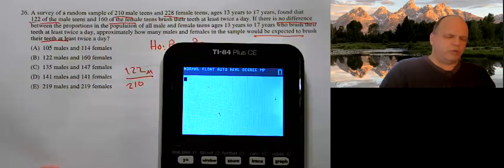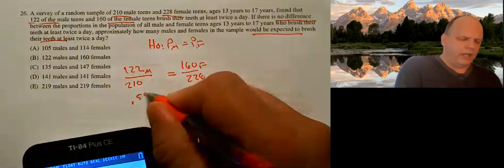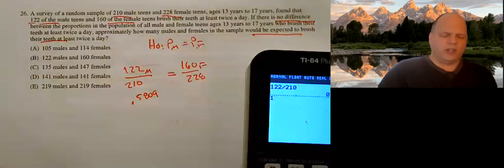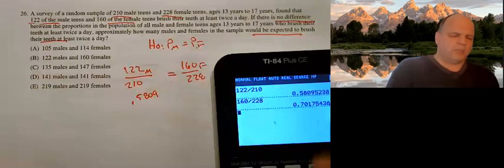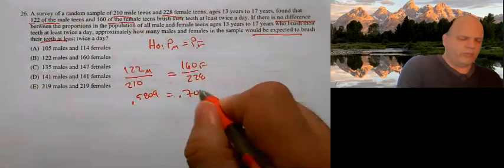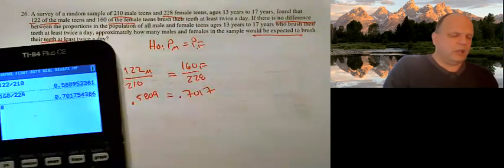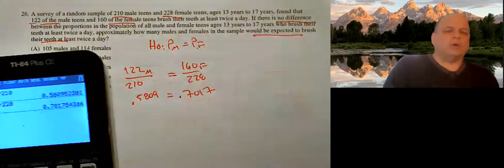So I go 122 divided by 210, and I get a value of 0.5809. And over here, I do 160 divided by 228, and I get 0.70. And clearly, those are not equal.